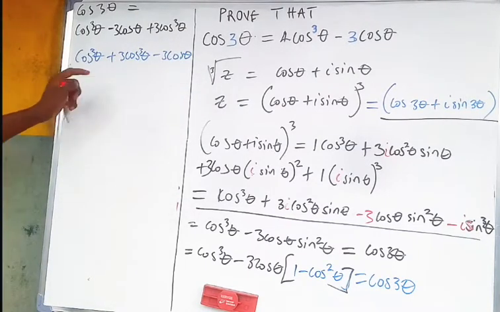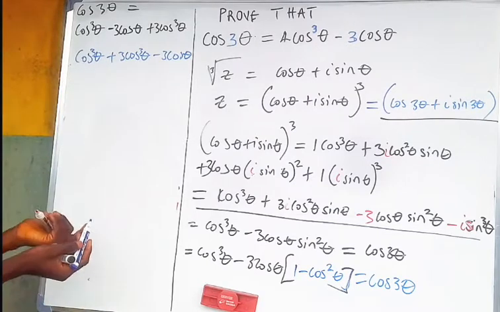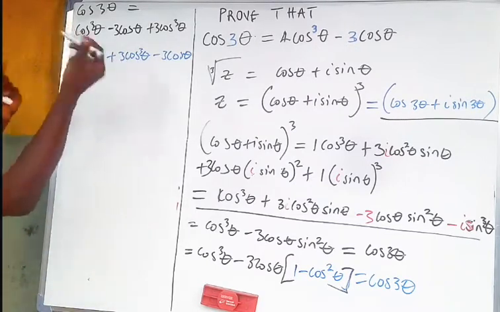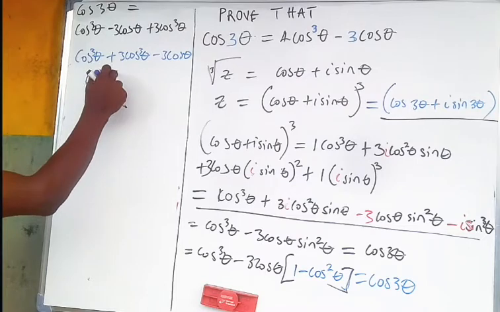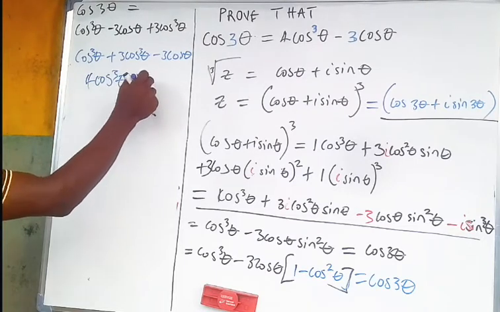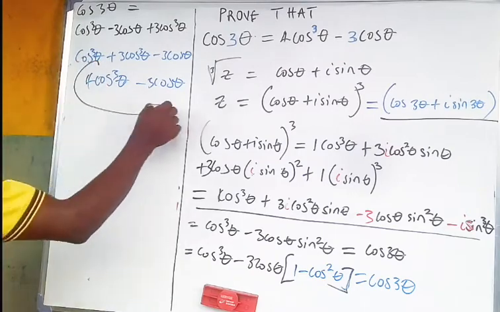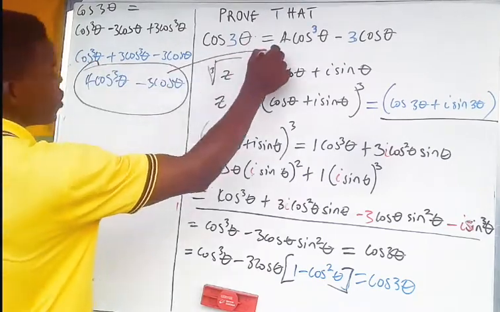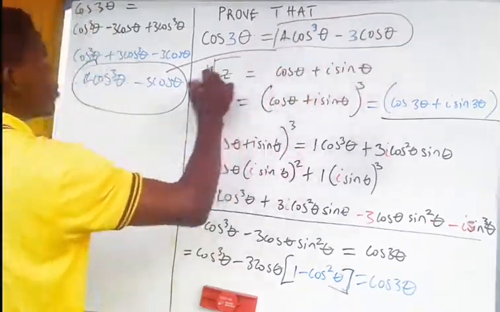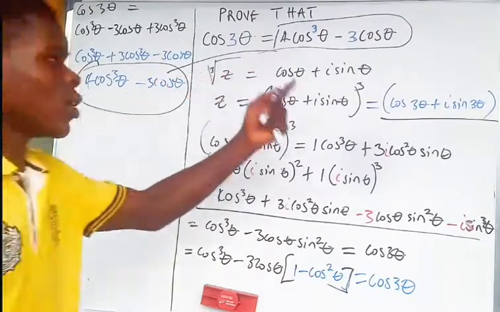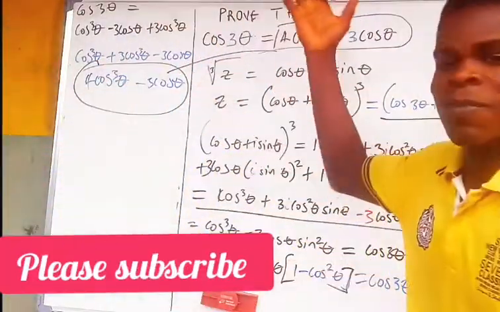Getting here, this plus this gives us 4. The two of them are the same. So we have 4 cosine cube theta minus 3 cosine theta. That looks like what we just had right here: 4 cosine cube theta minus 3 cosine theta. So that's it.